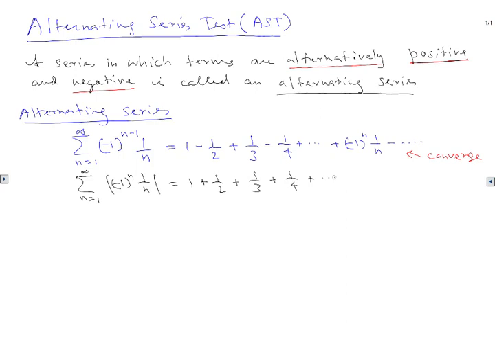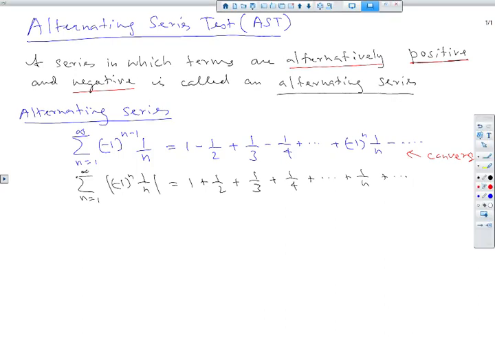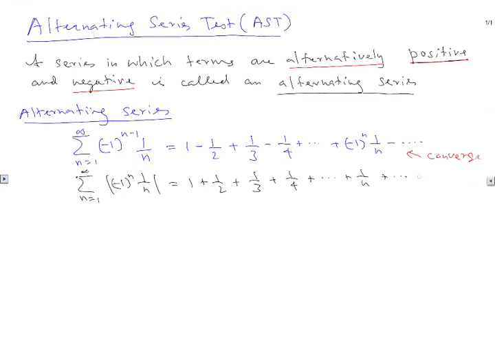The general term looks like 1 over n, and you know that this series diverges. This is the harmonic series. So a slight change makes a big difference.